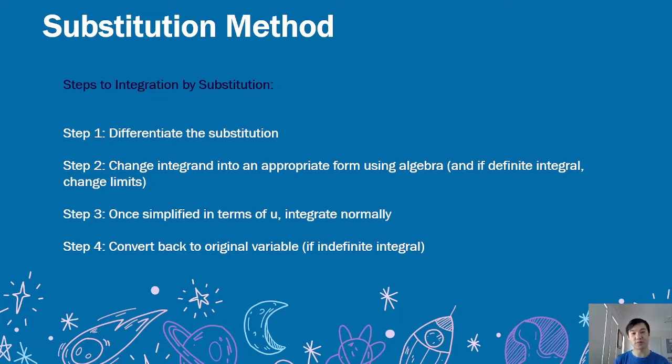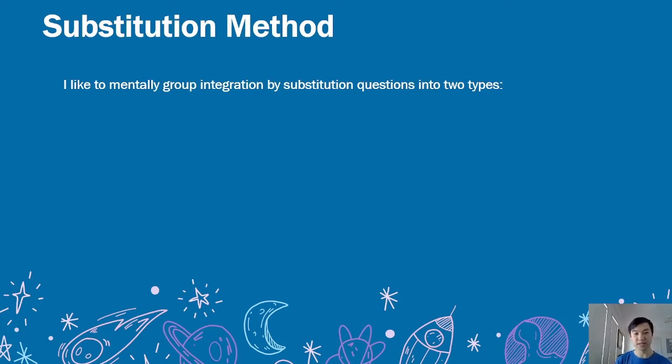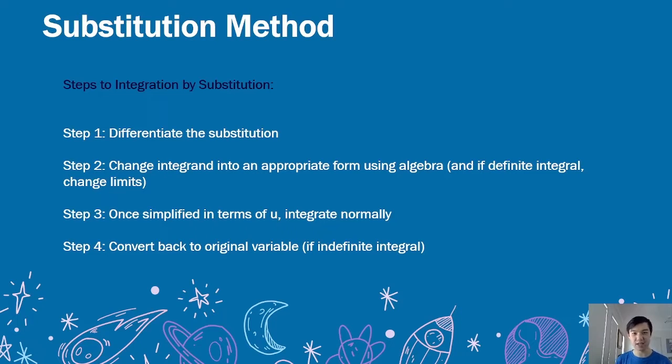And then in the fourth step, if you are working with an indefinite integral, you want to convert back to your original variable. So this is kind of complicated when you write it out like that. It makes much more sense once we actually apply it to a question.